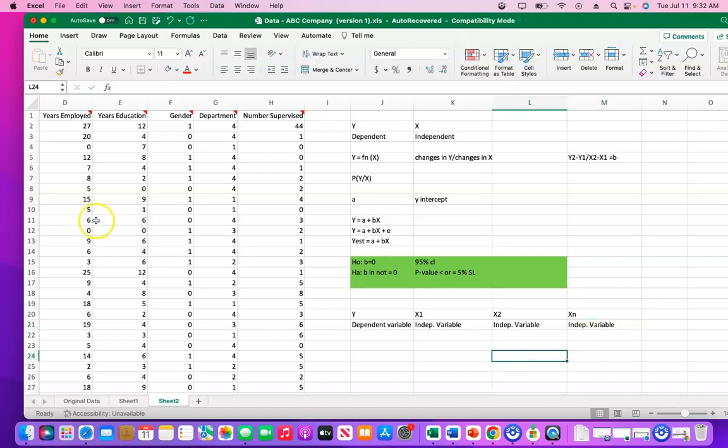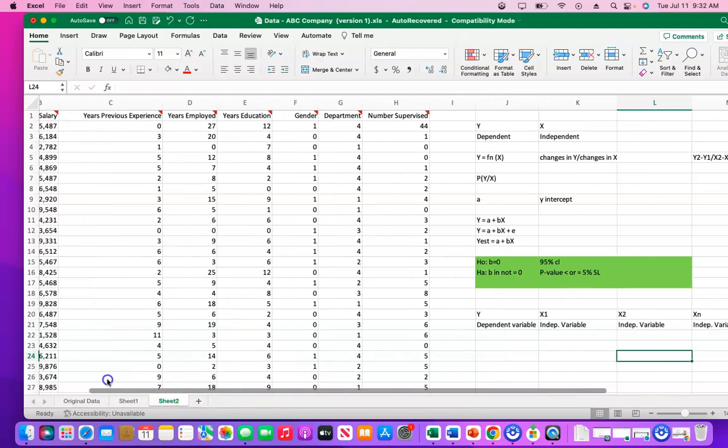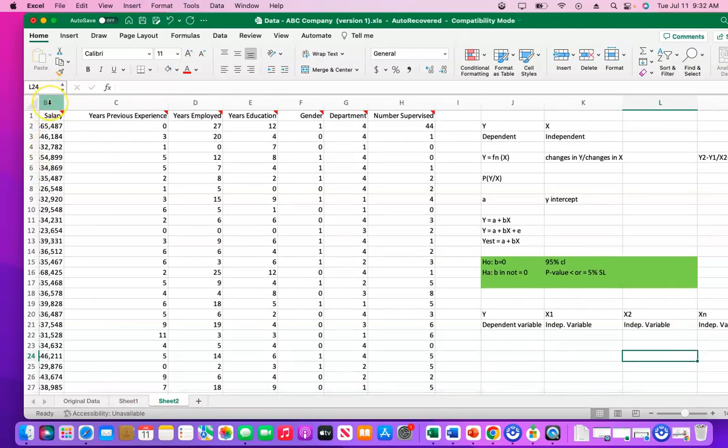So with this example, let's go to the data that we have. You can see that in this case we have salary, which is our dependent variable, and the salary depends on not only one variable, which is years of previous experience, but also it depends on some other variables, which could include years employed, years of education, gender, department, number supervised, and so on.